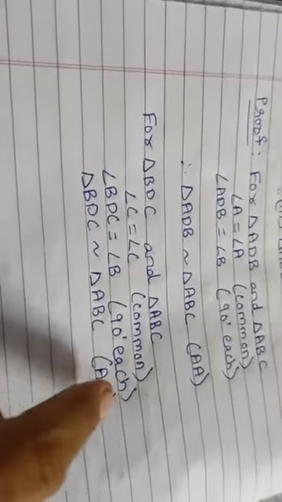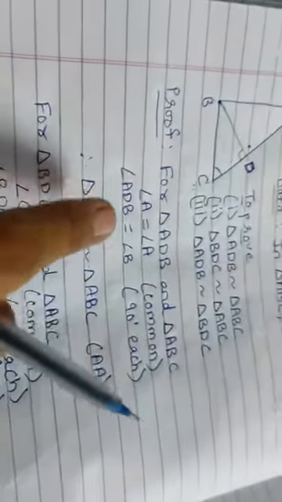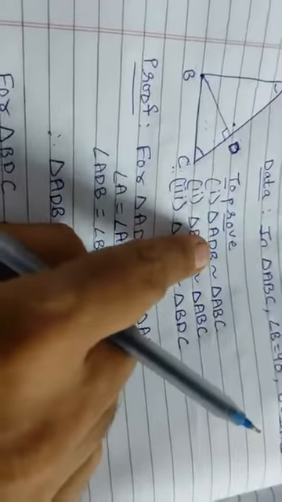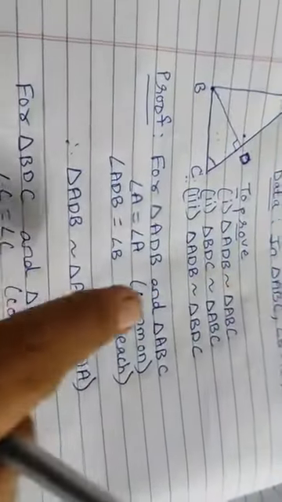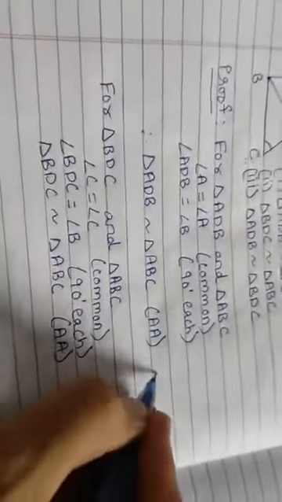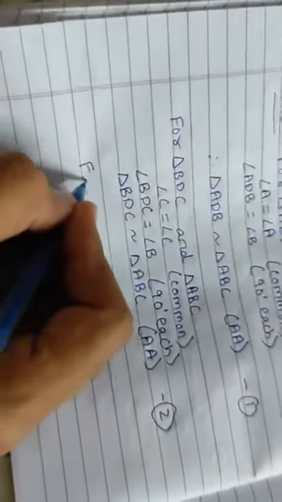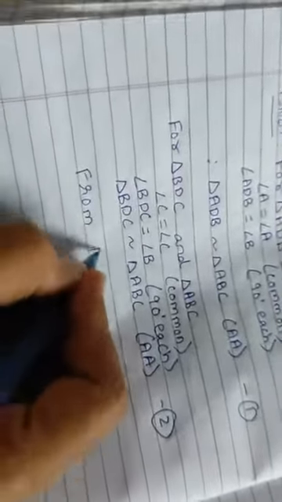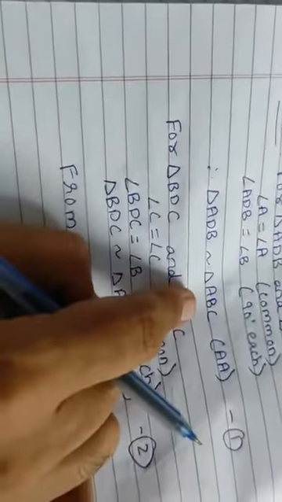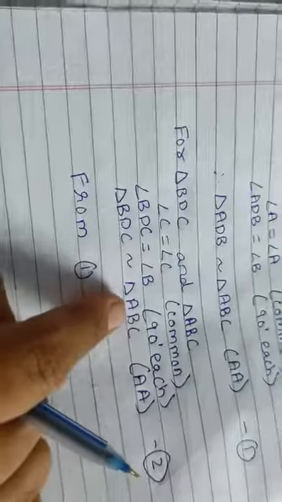And because both the triangles, the first one we had to prove, triangle ADB and triangle ABC, that we have done. Triangle BDC and triangle ABC, that also we have done. So from 1 and 2, we come to know that triangle ADB is similar to triangle ABC, and triangle BDC is similar to triangle ABC.